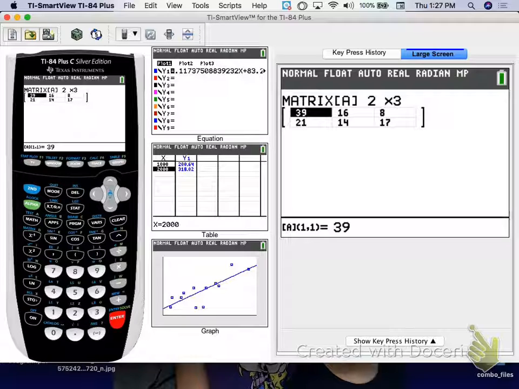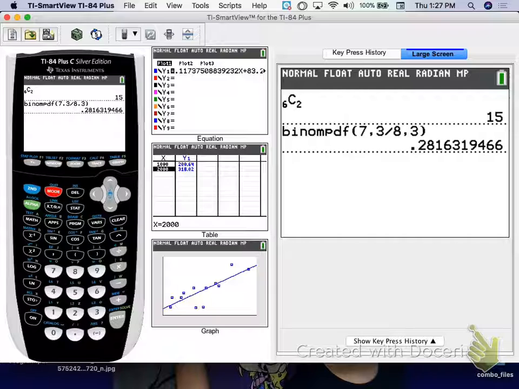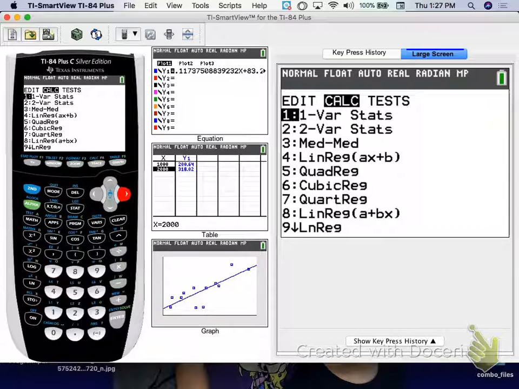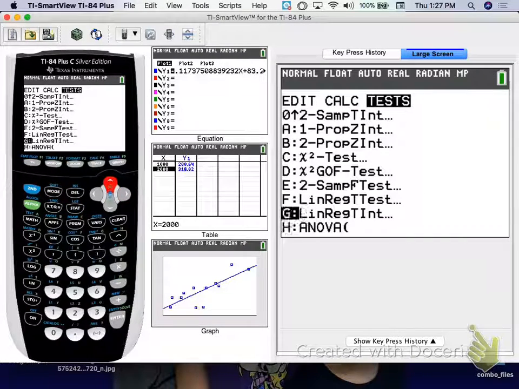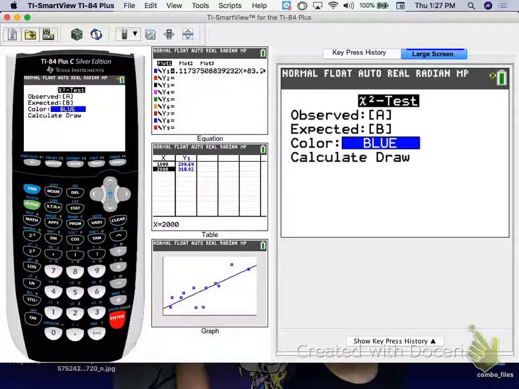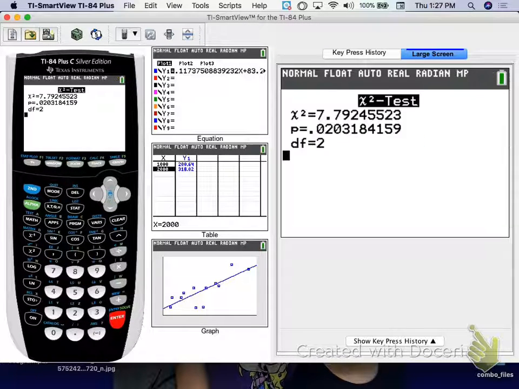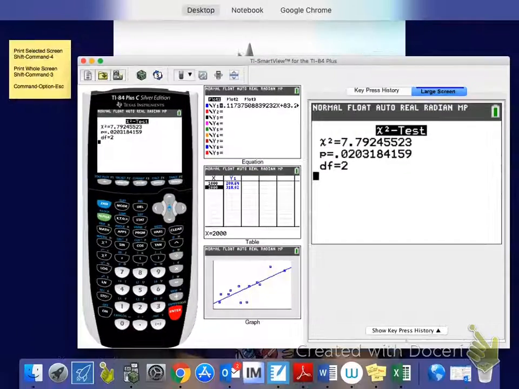Okay, so now we'll get out of this. We go to stat and to our test, and we ignore all of this. Okay, so there's our chi-squared value that we're going to carry over. We'll talk about the p-value as well, so we'll carry that number over. The degrees of freedom verifies what we found there by hand.